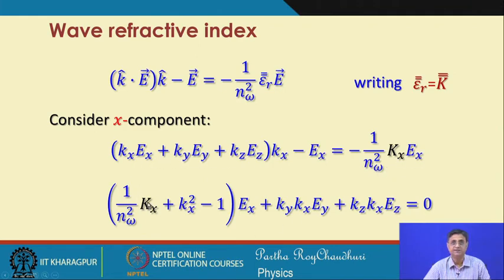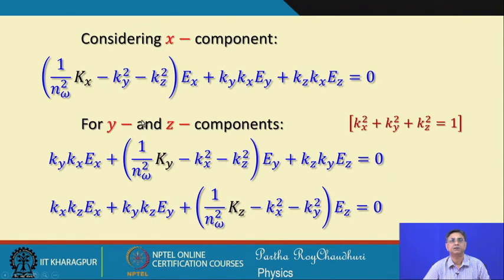If I rearrange this equation, then you can write it in this way, because I put all E x's together, E y together and E z together. So, you can write this equation in this form, and this is for the x component. For the y and z components, we can write similar equations. So, considering the x component, we have obtained this equation.